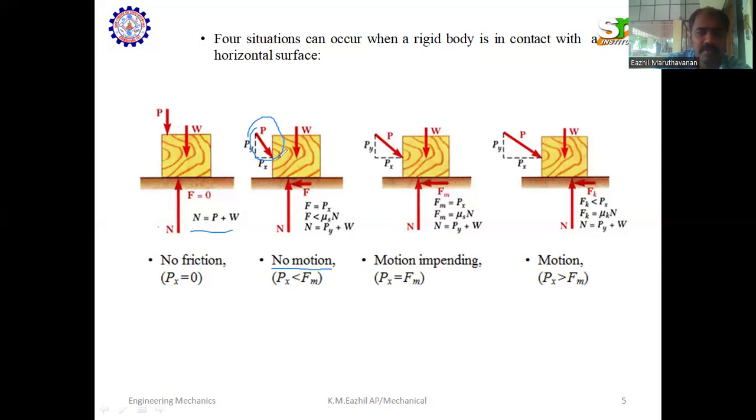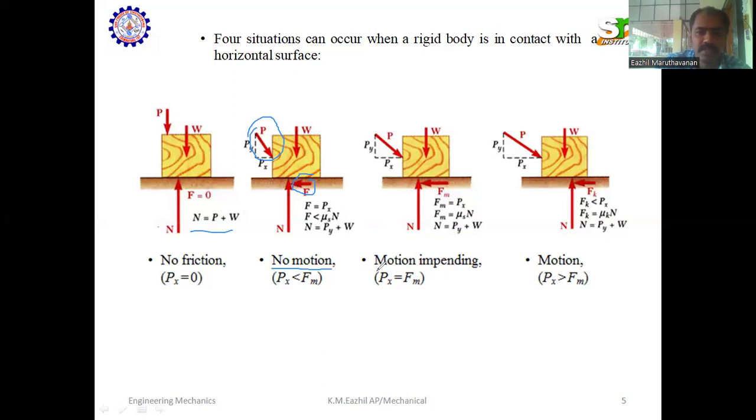Here, when we resolve it horizontally, Px equals F, where the frictional force occurs. F will be lesser than the coefficient of friction into the normal reaction. Therefore, N is equal to Py plus W.